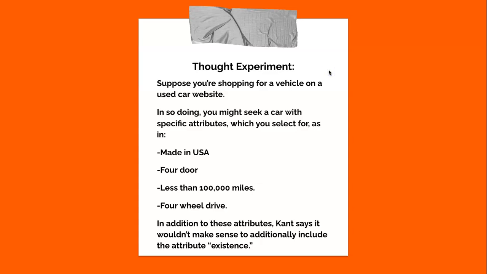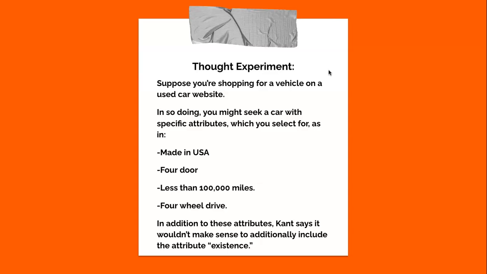So here's a thought experiment. Suppose you're shopping for a vehicle on a used car website. And so you might be checking off boxes in order to select specific attributes that you desire in the car. So you might select for made in the US, 4-door, less than 100,000 miles on it. You might want something that's 4-wheel drive for the snowy winters.